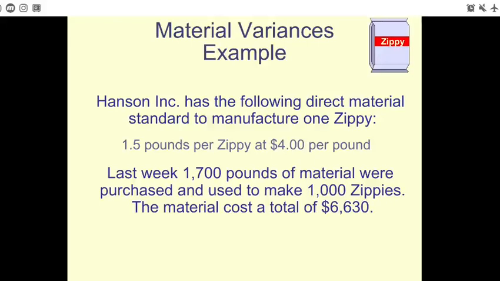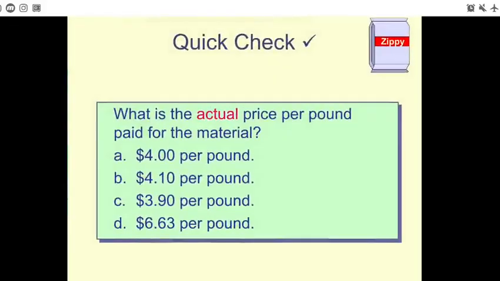So the first two paragraphs in this slide are related to standard data, and the last paragraph in this slide is related to actual data. So let's see. Then the question is, what is the actual price per pound paid for the material?